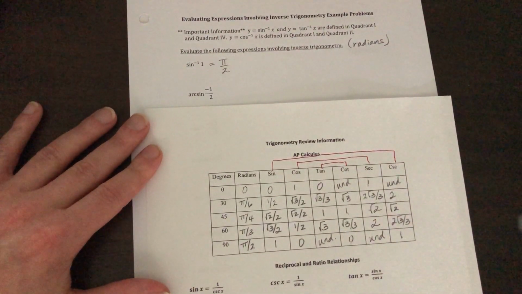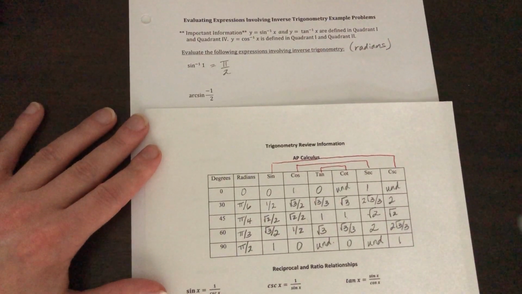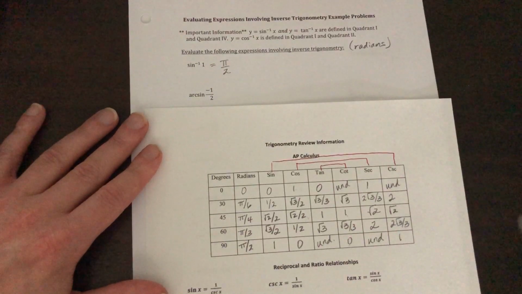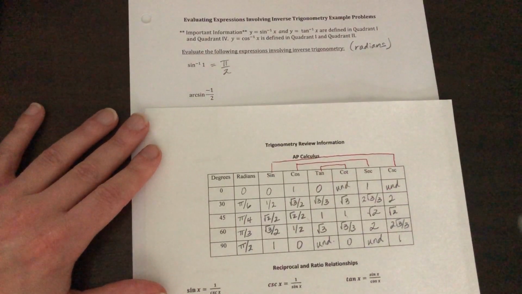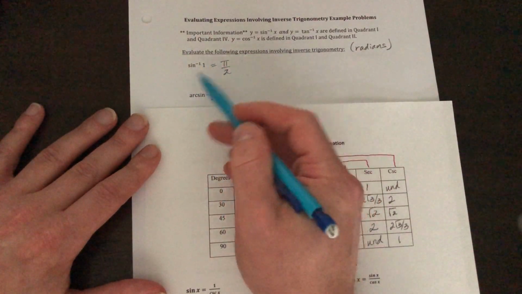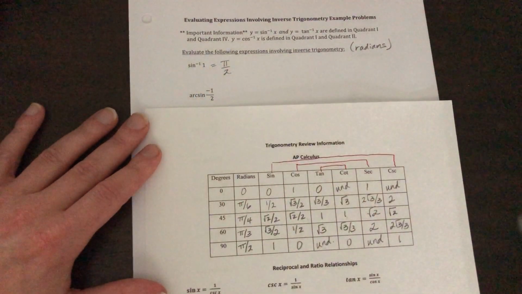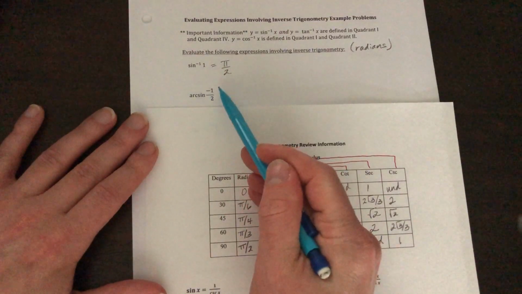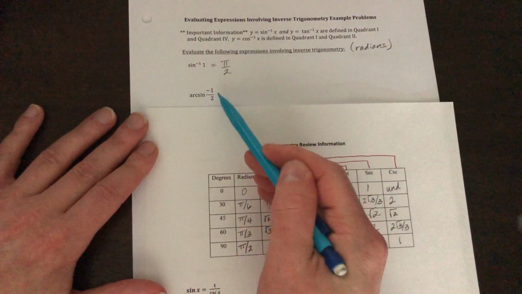Next question, it says arc sine of negative 1/2. Inverse trig can be written 2 ways, depending on which book you're looking at. It can be written as inverse sine, or it can be written as arc sine. They both mean the same exact thing. So we're going to ask ourselves, at what angle is sine equal to 1/2?